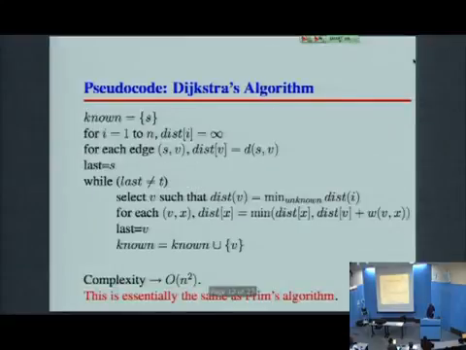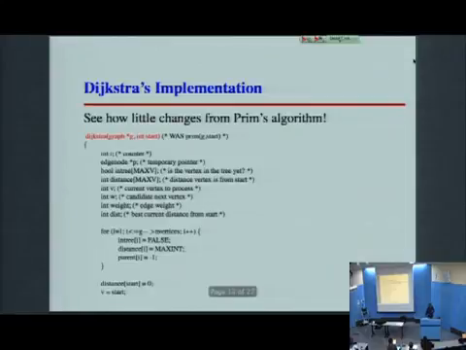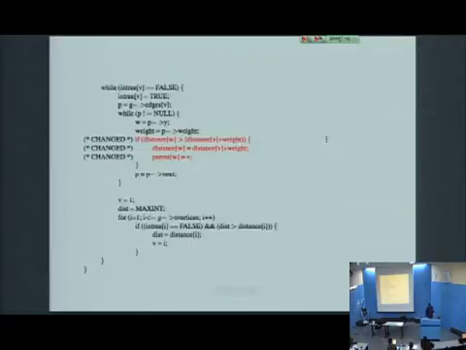Okay, again, I've talked about it. It's the same thing as Prim's algorithm. Again, I showed you last time how much it was like Prim's algorithm. Okay? Everything is going to be the same in my implementation, except the name of the algorithm and the one critical criteria here. Okay? What is this doing?